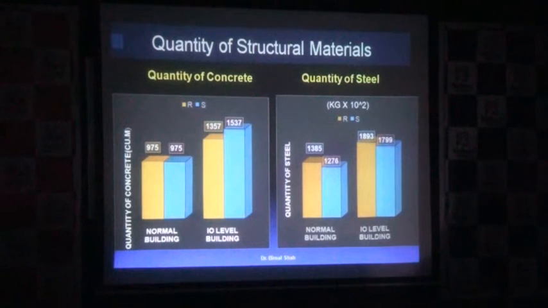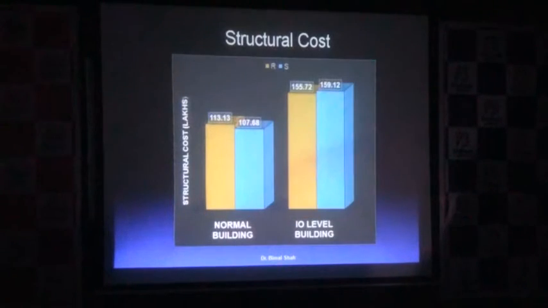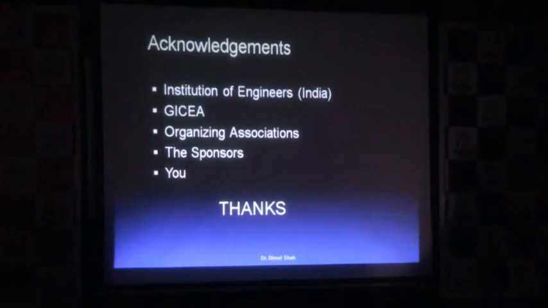This is the application of pushover analysis to keep your building in the immediate occupancy stage. We can do something like this. The structural cost finally came out to be this. We saw a number of such examples, and with that I think I'll try to finish this presentation.